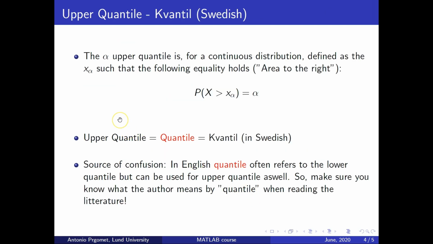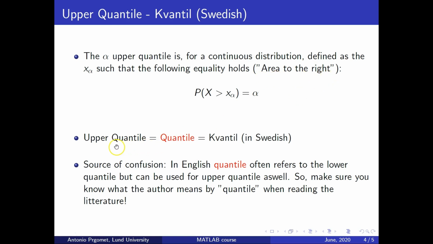The alpha upper quantile is for a continuous distribution defined as the x alpha such that the following equality holds. The probability that the random variable X is greater than x alpha is equal to alpha. Visually, we can view this as area to the right.